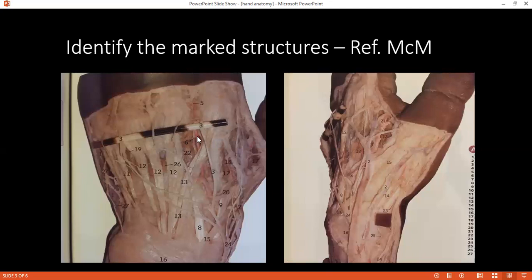Number 6 should be the branch of the radial artery. Moving on to the right-hand side image, if you can identify number 2 over here. This is 2 and this is also 2. Okay, so it looks like a vessel.